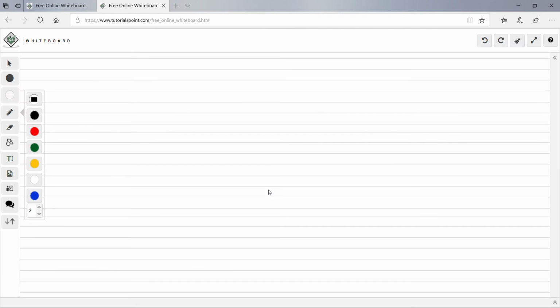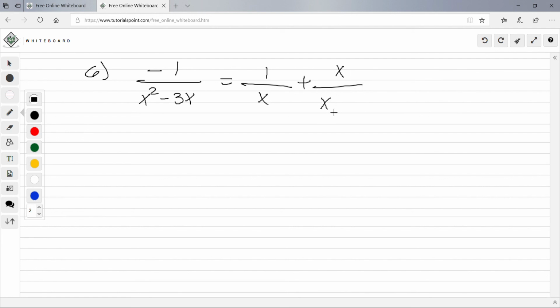Last one. We're given negative 1 over x squared minus 3x equals 1 over x plus x over x minus 3.